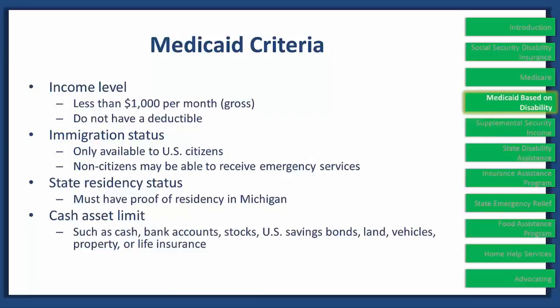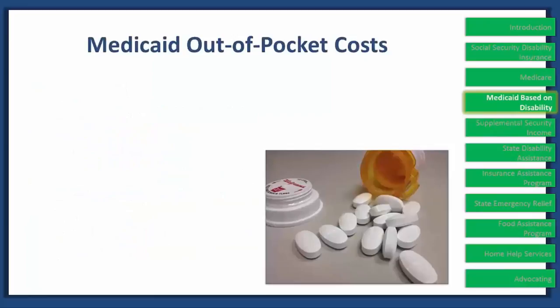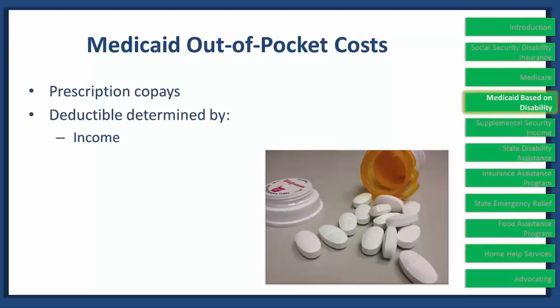Anyone who has cash assets greater than $2,000 is ineligible for Medicaid. So, once the client is approved for Medicaid, there are out-of-pocket costs that the client will be responsible for paying. One of those costs is prescription copays. Another cost is the deductible, which is determined by the client's income and county of residence.